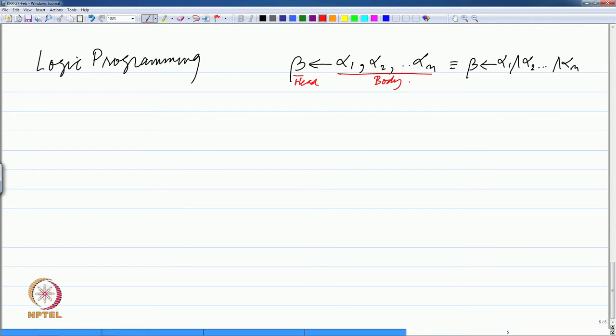One can think of this body as a procedure body, and we can think of the head as a procedure call. If you are familiar with imperative programming, one can think of unification as passing parameters.